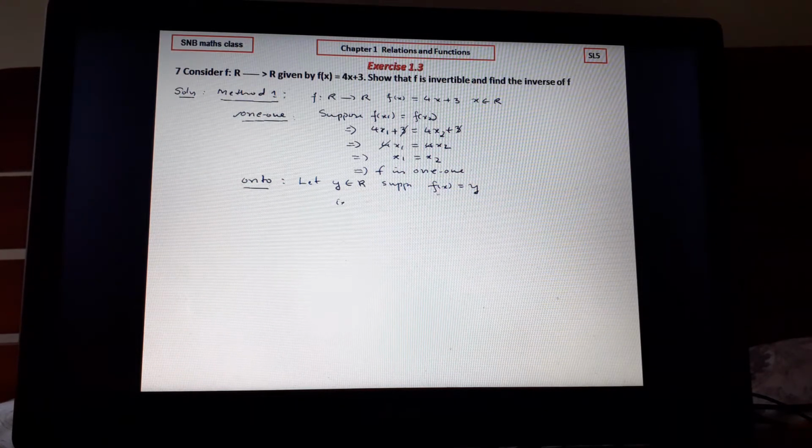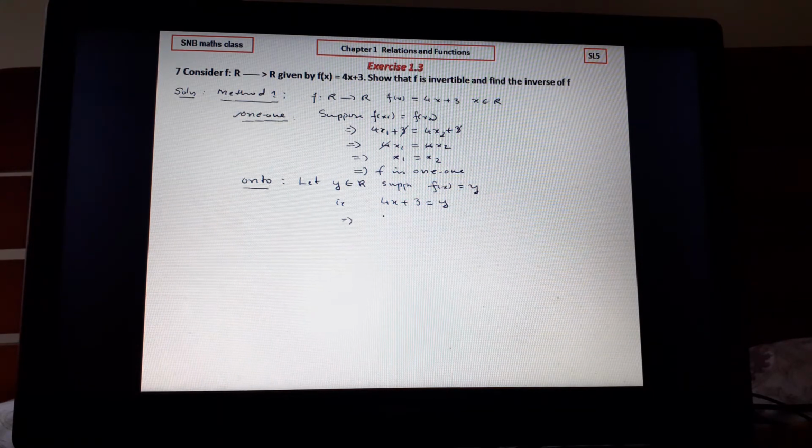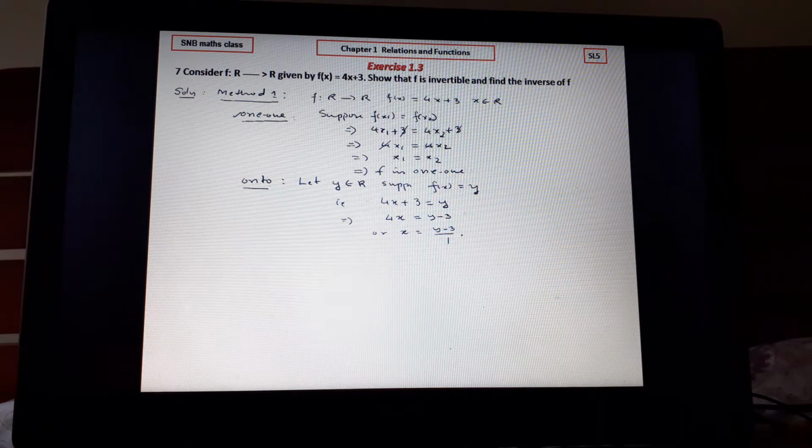That is, what is f of x according to the definition? It is 4x plus 3, this equal to y. This implies you can write 4x equal to y minus 3, or you can take x equal to (y minus 3) divided by 4.